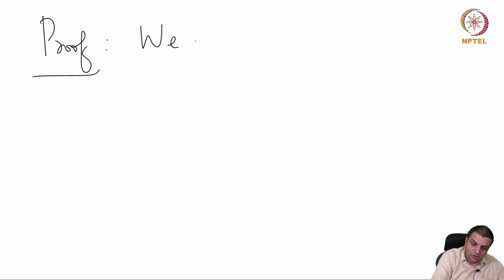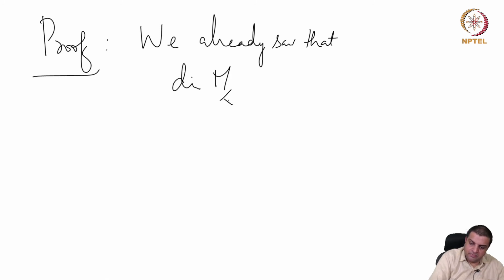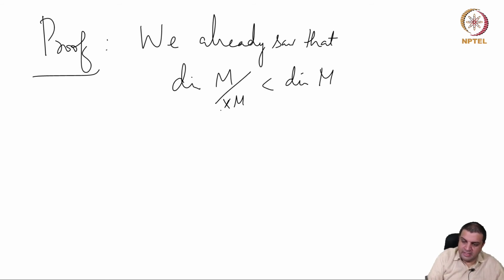We already saw that dimension of M mod xm is less than dimension of M. That is what we used in the proof of the main theorem. So we just have to prove that dimension of M is less than or equal to this plus 1.